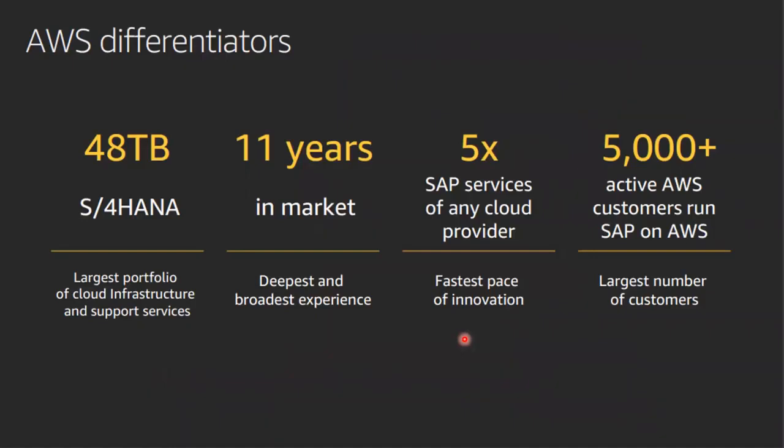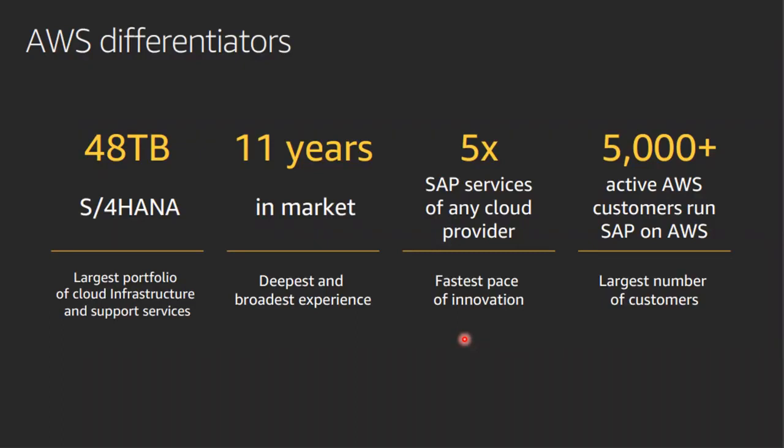Now, to summarize the key AWS differentiators, here are some of the points. A 48 terabyte EC2 instance. I don't think any other cloud provider offers this big an instance for running SAP. AWS has been in the market for 11 years, so they have the deepest and broadest experience, plus a lot of services which other cloud platforms don't have, right?